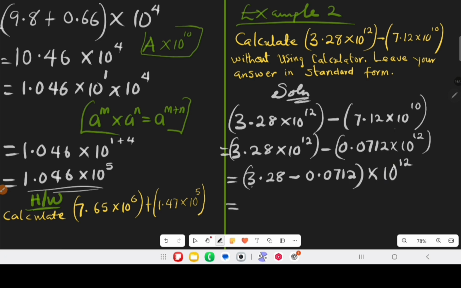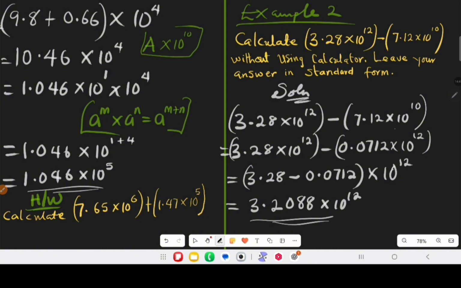Now if we subtract 3.28 minus 0.0712, we have 3.2088 times 10 raised to the power of 12. Is it in standard form? Yes, it's in standard form. So we leave our answer like this.